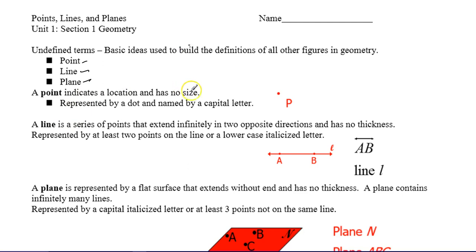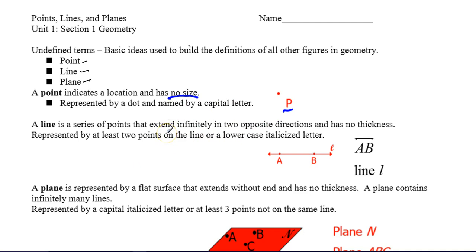So a point indicates a location and has no size. Now, I want you to note that there's no size for a point, but we represent it by a dot, and it's named by a capital letter. So we can't make a dot that has no size, but technically a point actually has no size. So when we see a point, we're going to use a dot, and we're going to use a capital letter. In this case, we have the capital letter P that is being used for it.